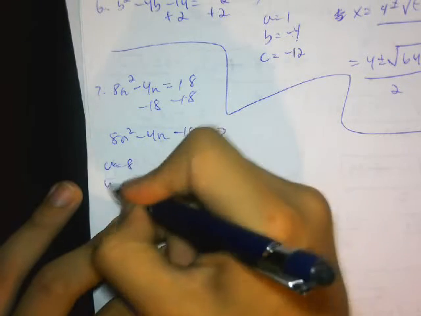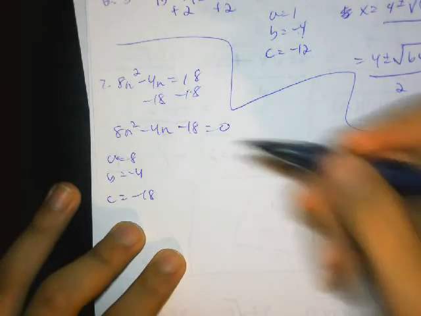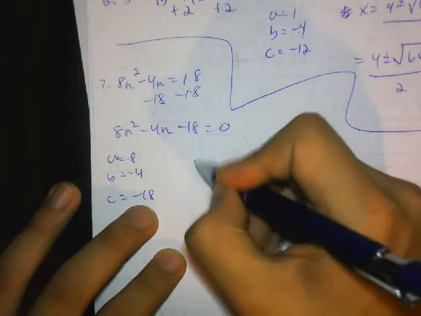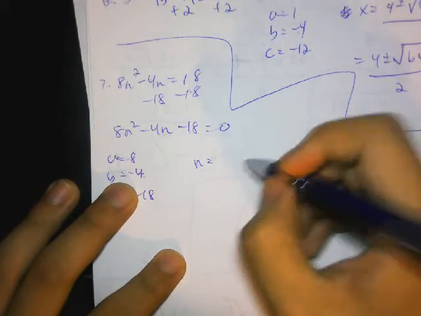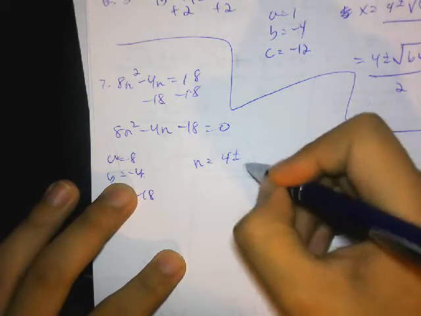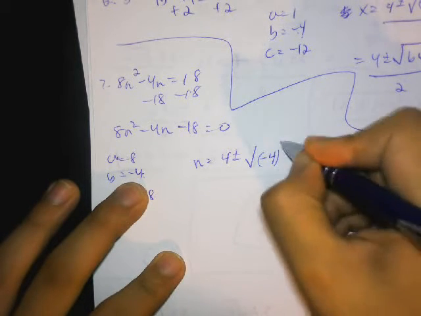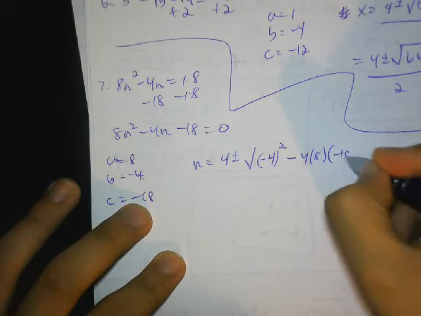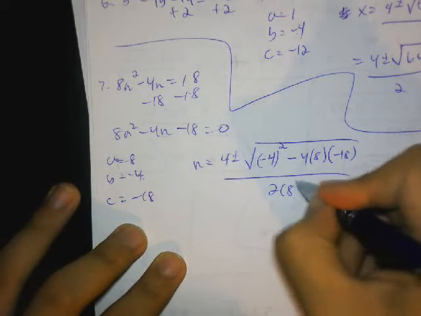My a is 8, my b is negative 4, and my c is negative 18. Alright, so n is equal to negative b, which is negative 4, so positive 4 plus or minus the square root of b squared minus 4ac, all over 2a.